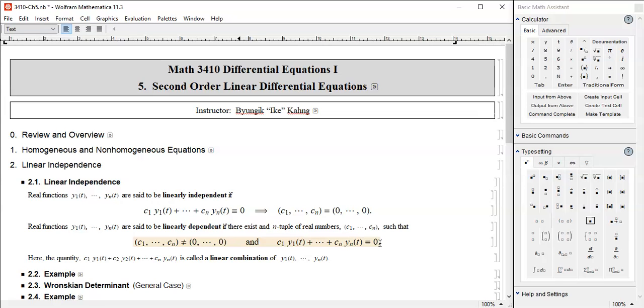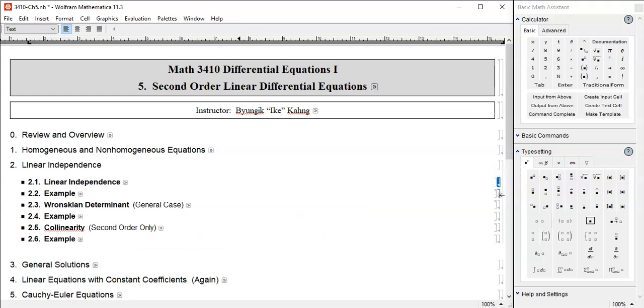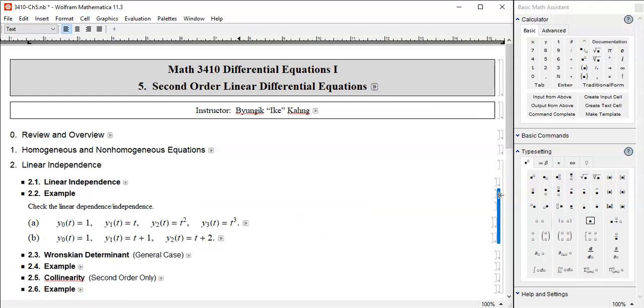Let me emphasize again, the key is to find these coefficients that are not all 0. If that's possible, linear dependence. If that's impossible, linear independence. A little bit hazy? Let's solidify our understanding through a couple of examples.